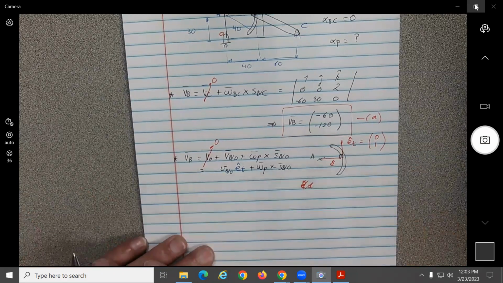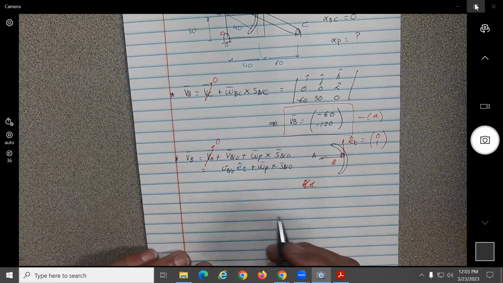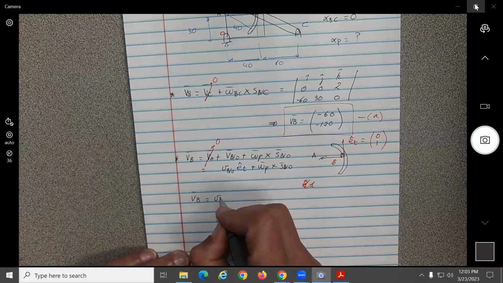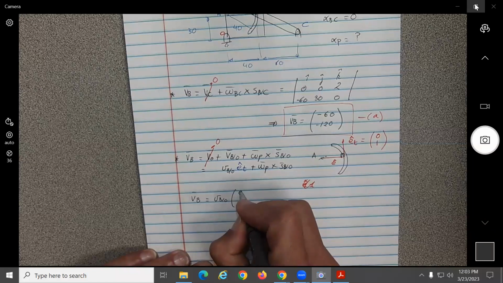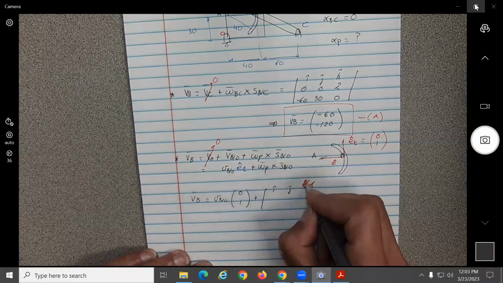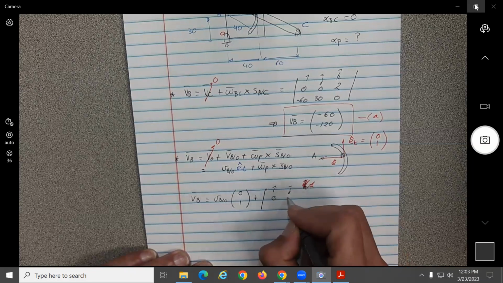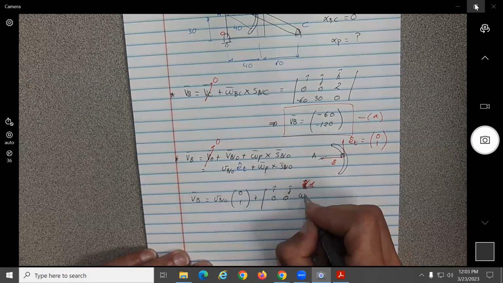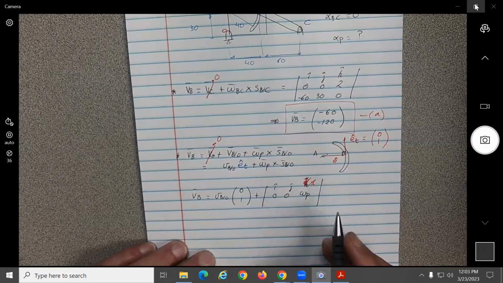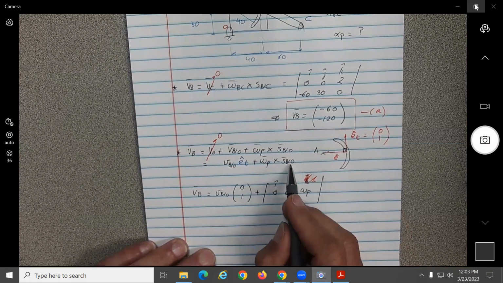All right. So you saw over here VB will be equal to the unknown times 0, 1 plus IJK 0, 0, omega plate that we need to find, and then position of B. So what should be this distance over here?